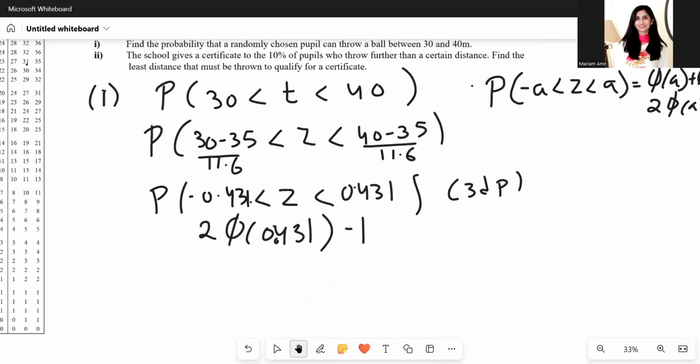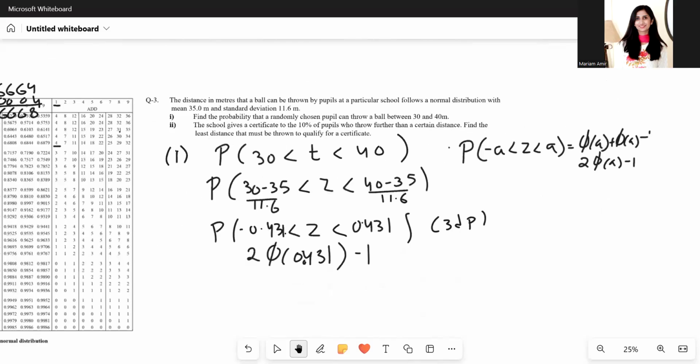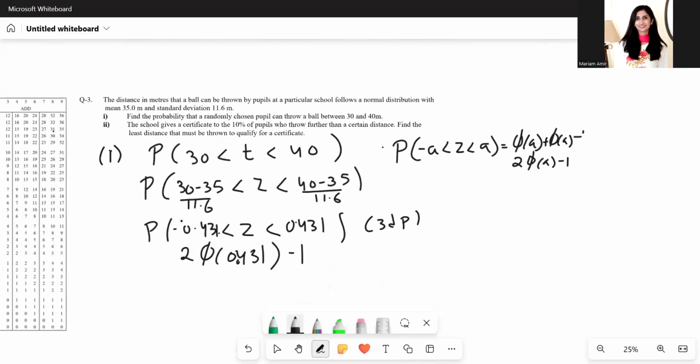So 2 times 0.6668 minus 1 gives us 0.3336, and in 3 significant figures we're getting 0.334.